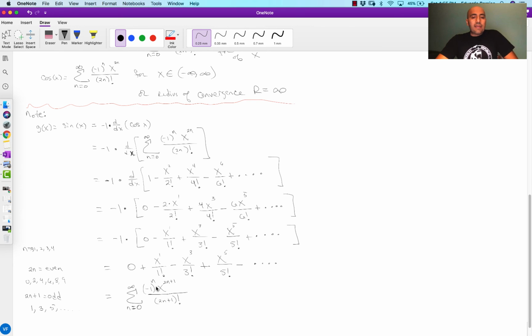So we're saying that this is the Taylor series representation of sine. And because we got this one based off of the cosine, it turns out that they have the exact same radius of convergence. I don't have to go through the process of finding or using the ratio test on this anymore because I got it through this process. So they will have the exact same radius of convergence.